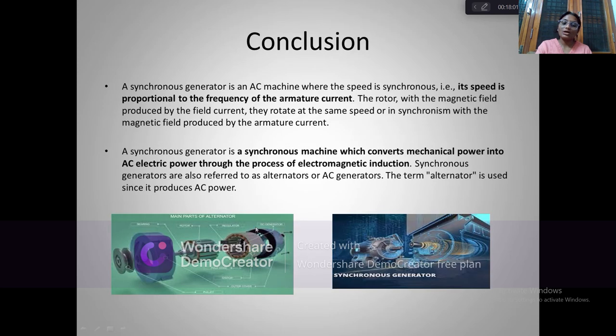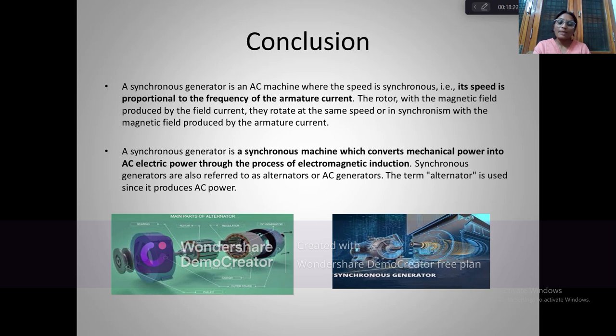And now finally we came to the conclusion part. We conclude that a synchronous generator is an AC machine where the speed of the synchronous generator is proportional to the frequency of the armature.